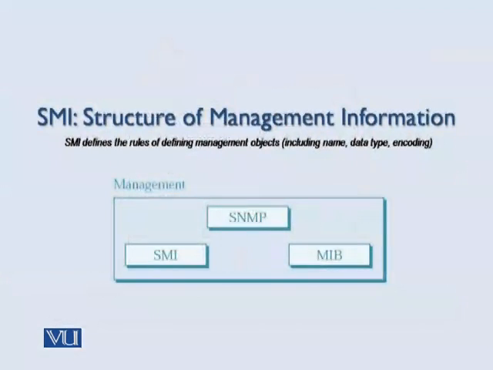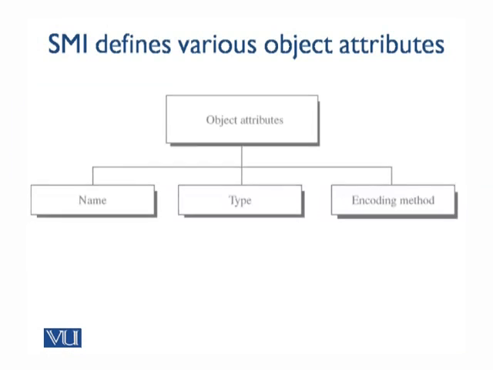This structure is known as the structure of management information, which is part of the overall SNMP framework. So this SMI component defines the name of the objects, the type of the objects, and also tells us how to encode according to this type information that we have defined. So like we've already seen, every object needs to have an OID.